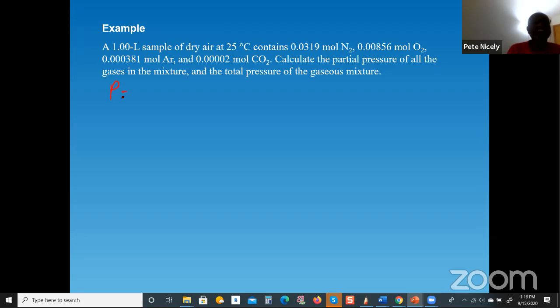You're going to use the ideal gas equation, P is equal to nRT over V, right? So let's start off with nitrogen. For nitrogen, P N2 would be equal to the moles, which is 0.0319 moles times R, which is, of course, always the same.